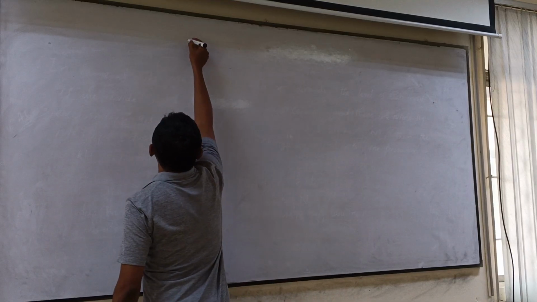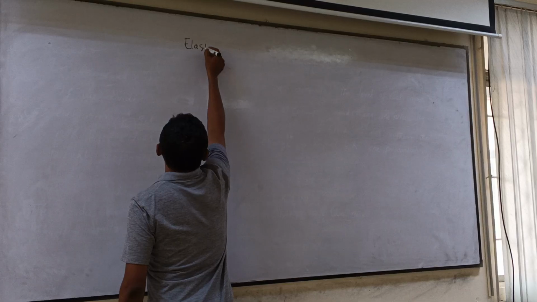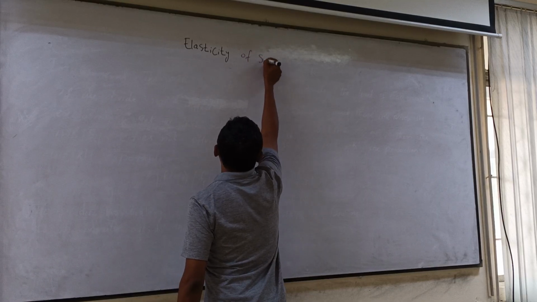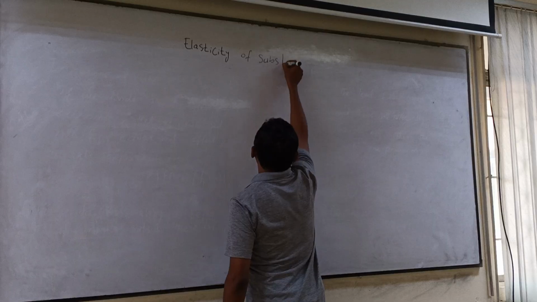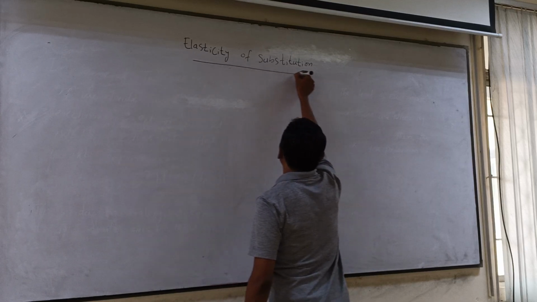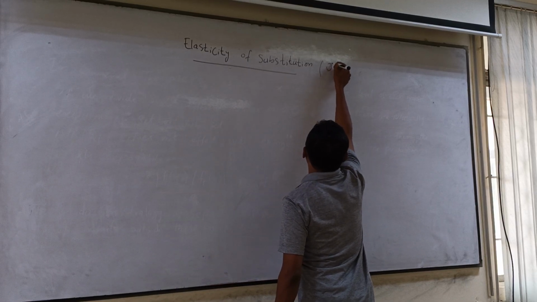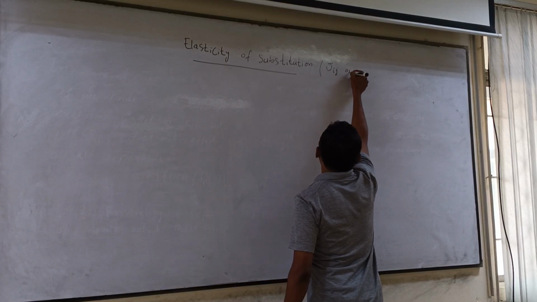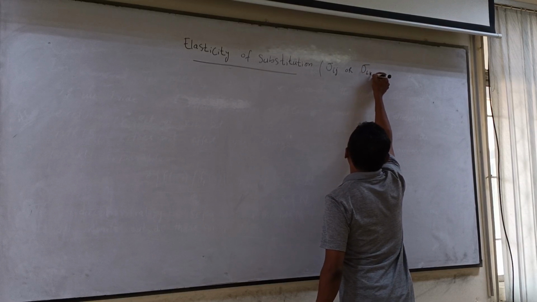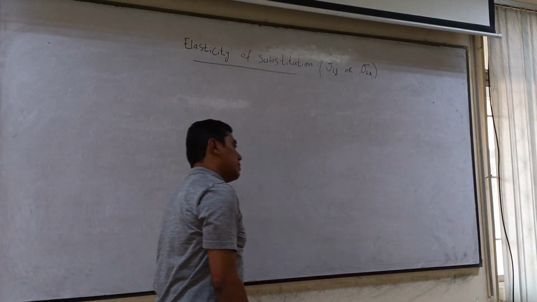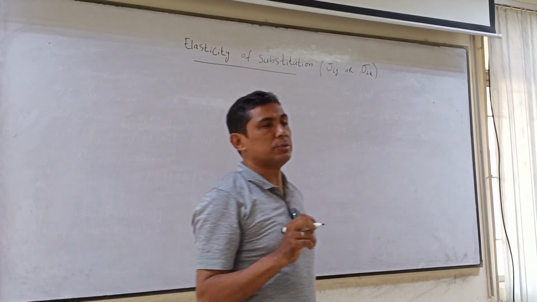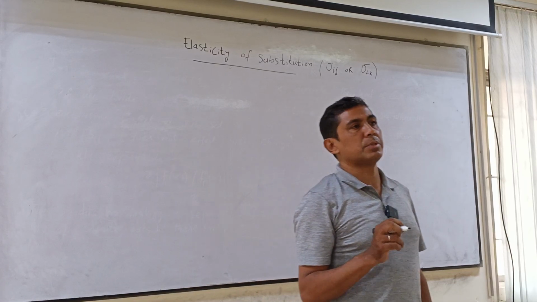Okay, elasticity of substitution, normally represented by sigma ij or sigma LK. First, one important assumption related to the elasticity of substitution.